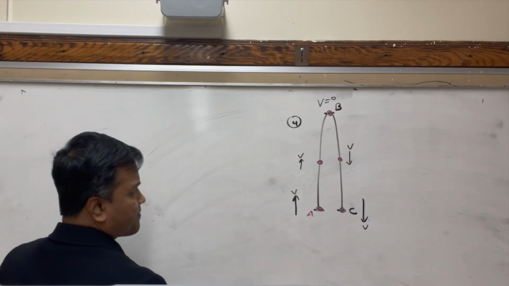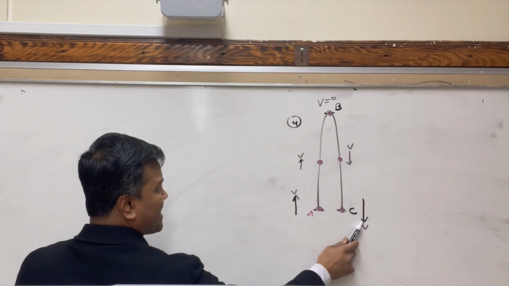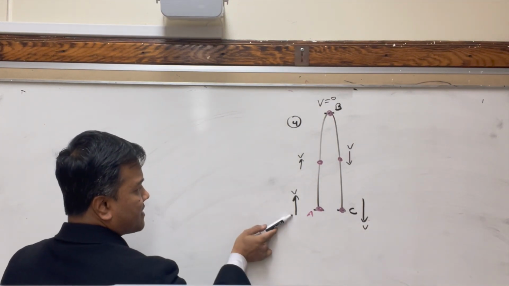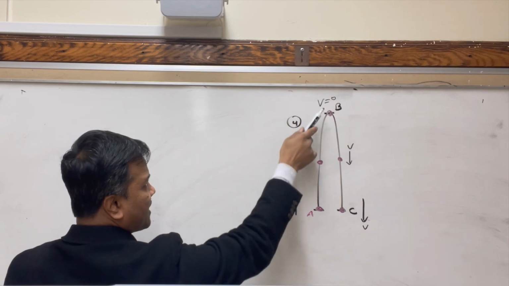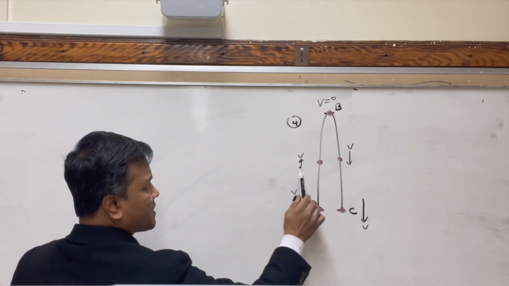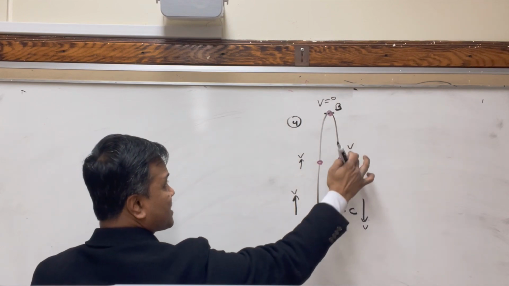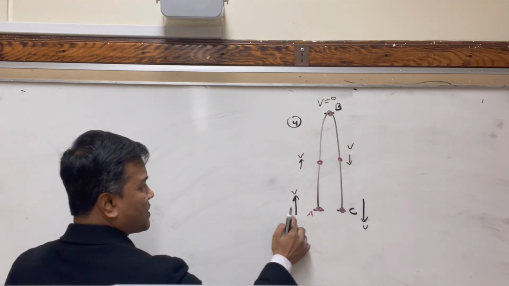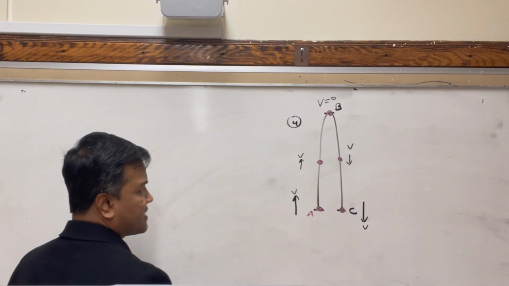So what do you see? This one and this one are equal in magnitude, opposite in direction. The velocity is becoming smaller, getting to 0, then getting bigger, because these pairs are the same in magnitude, opposite in direction.